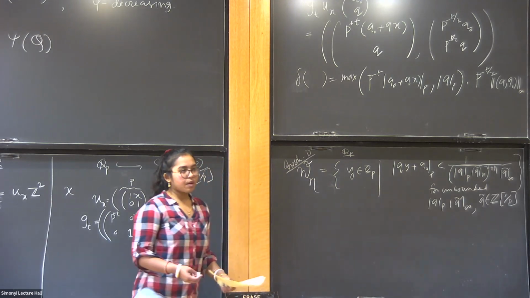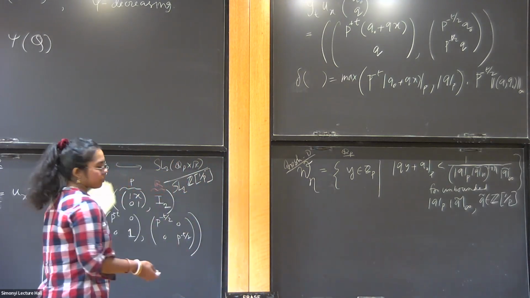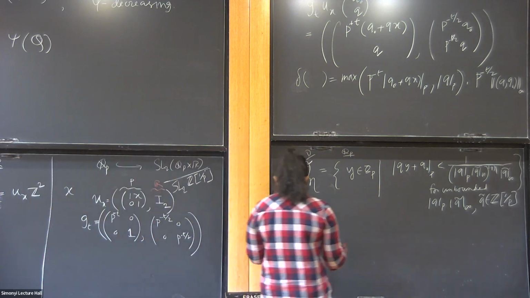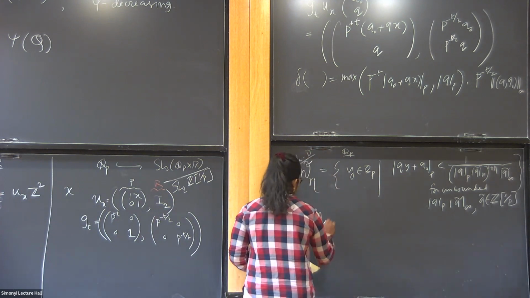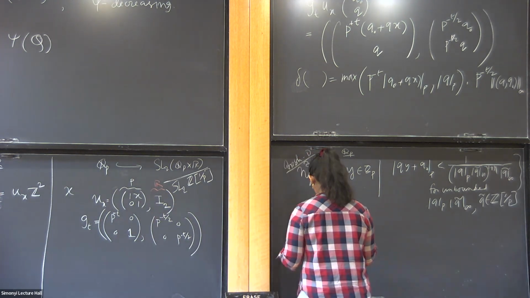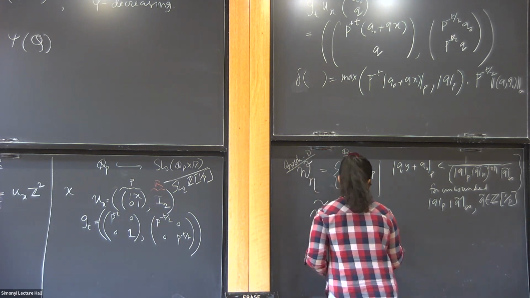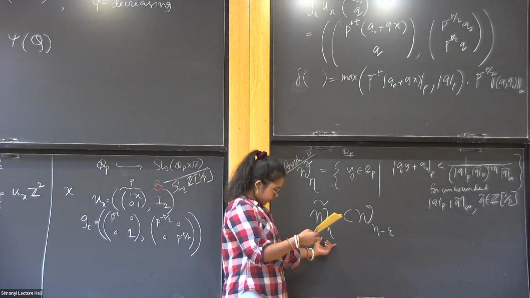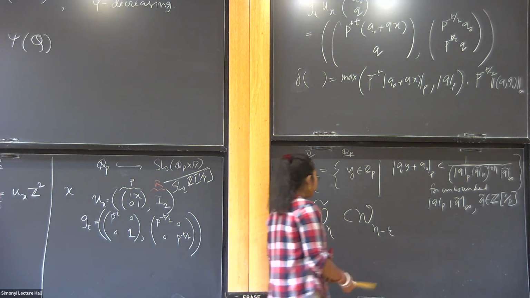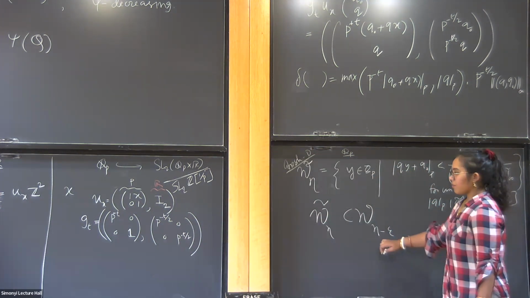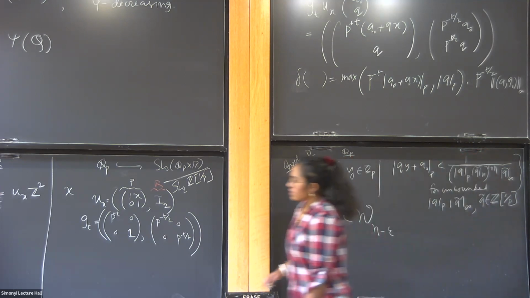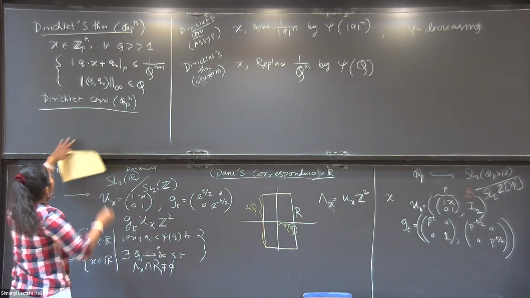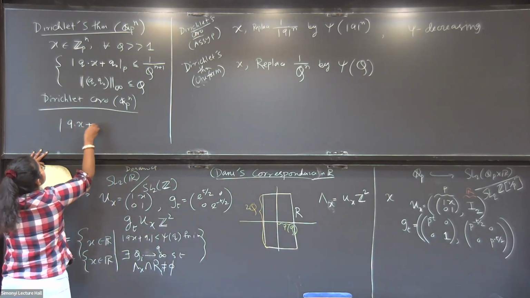But then I have to somehow get some information about the usual Diophantine approximation sets that people are interested in. So actually, omega hat eta is not exactly the usual one, but you can say that omega hat of eta is inside omega of eta minus epsilon, where omega of eta minus epsilon is exactly, like here you would have q dot x plus q naught.